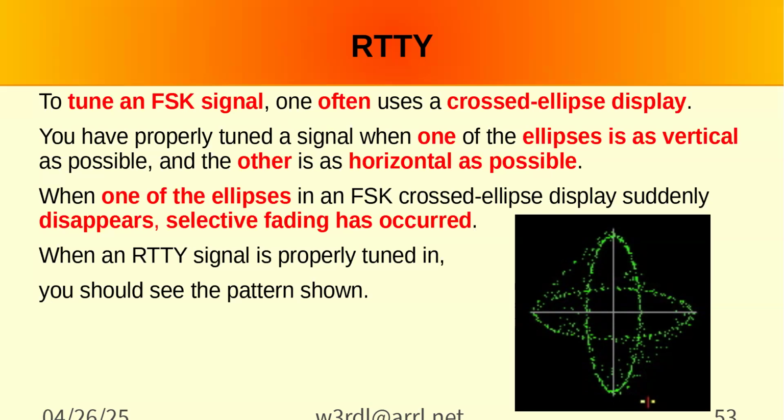So the object of this is to get the one ellipse perfectly vertical and the other ellipse perfectly horizontal. Exactly what that means, I'm not sure. Is that like representing I and Q or something? I think it was.